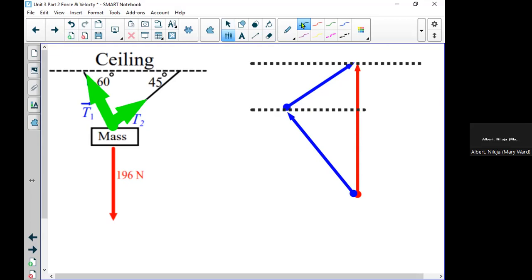Okay, I also now want to use my purple to draw what I know. So you can see here T1 with the horizontal line that represents the ceiling. T1 makes a 60-degree angle. So I'm going to draw in a 60-degree angle. And in the same way, with that horizontal line, T2 makes a 45-degree angle, not here, but out here, 45 degrees.